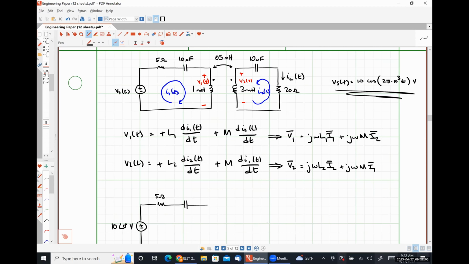So negative 1j divided by omega, which is 2 pi times 10 to the 3, and C is 10 times 10 to the minus 6. I get that to be minus j15.915 ohms. You guys feel free to verify that in your calculator if you want to.